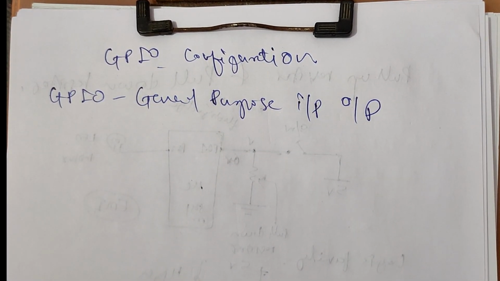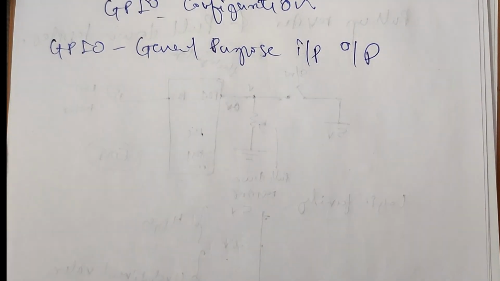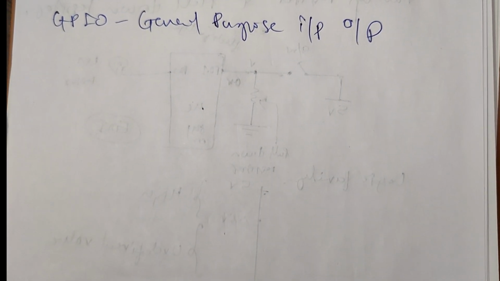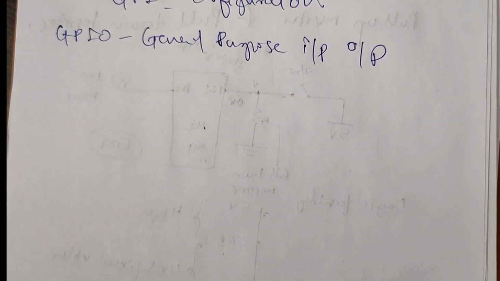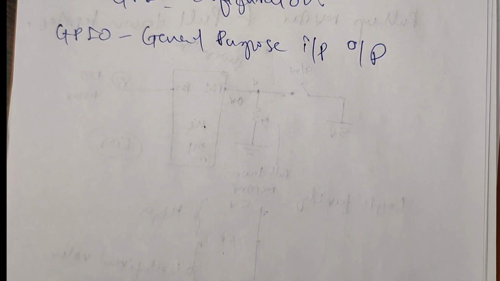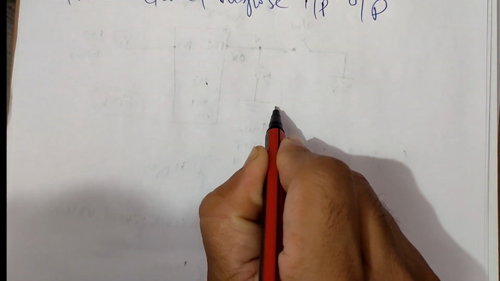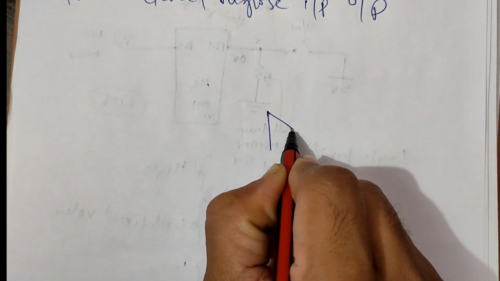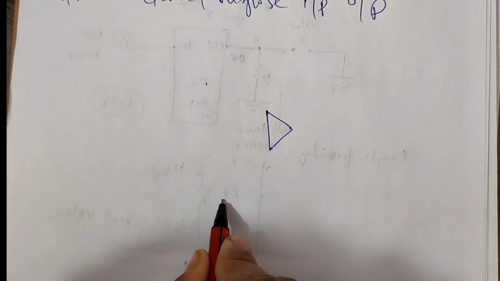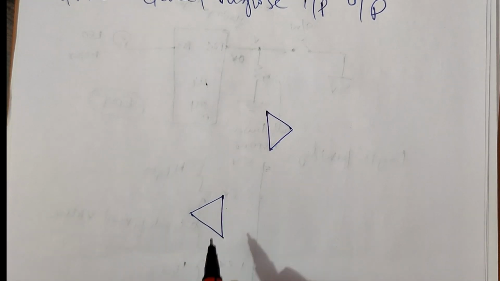It will be easy for us to go with the block diagram of GPIO. So I am drawing the basic block diagram of GPIO. GPIO has two buffers. Here I am drawing two buffers, one input and one output.